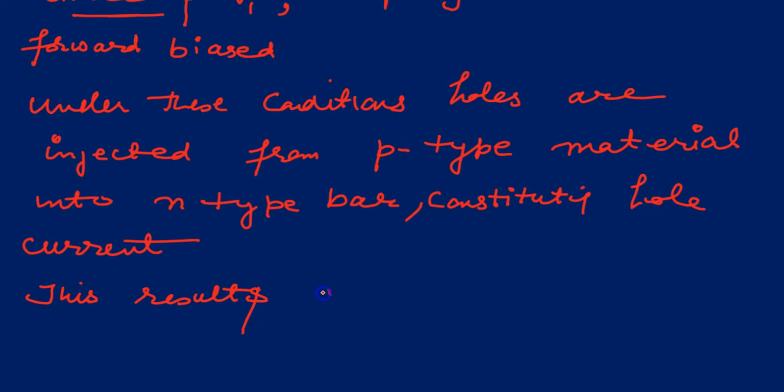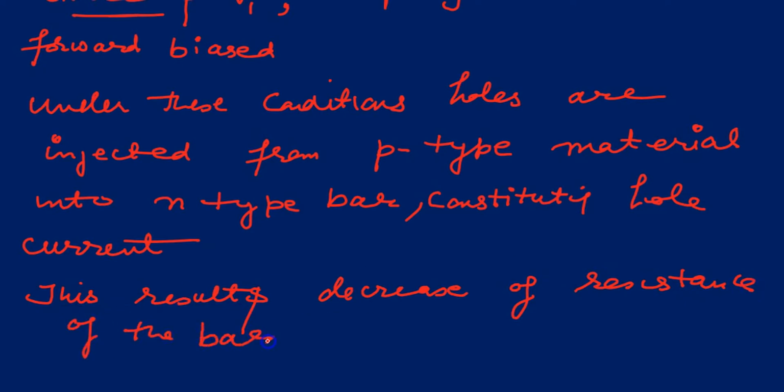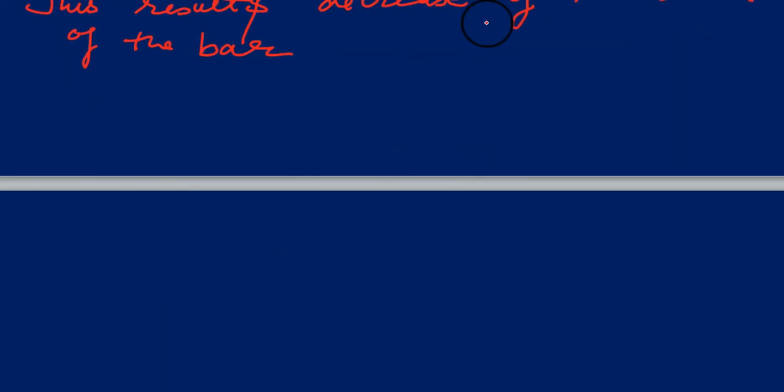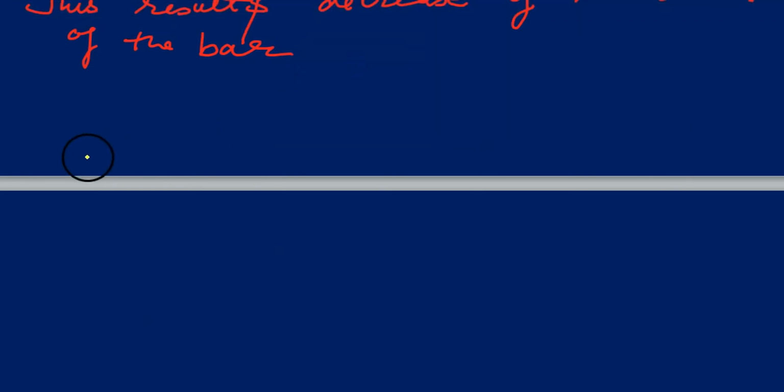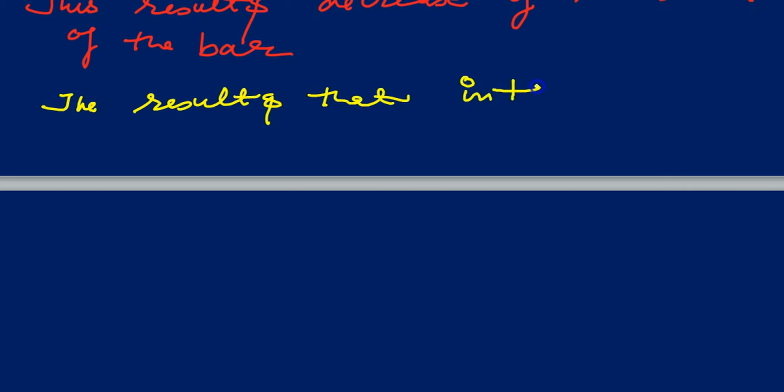Because hole current is flowing from the emitter to B1, what happens? It makes the resistance between the emitter and B1 a low value. As resistance comes down, the voltage decreases.